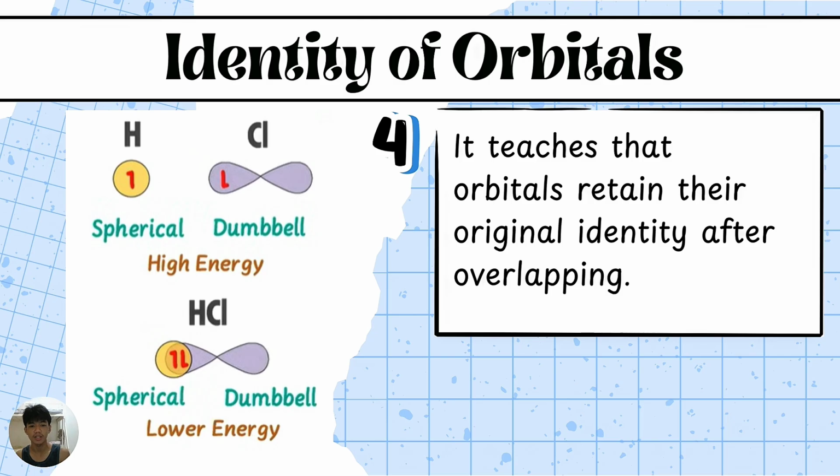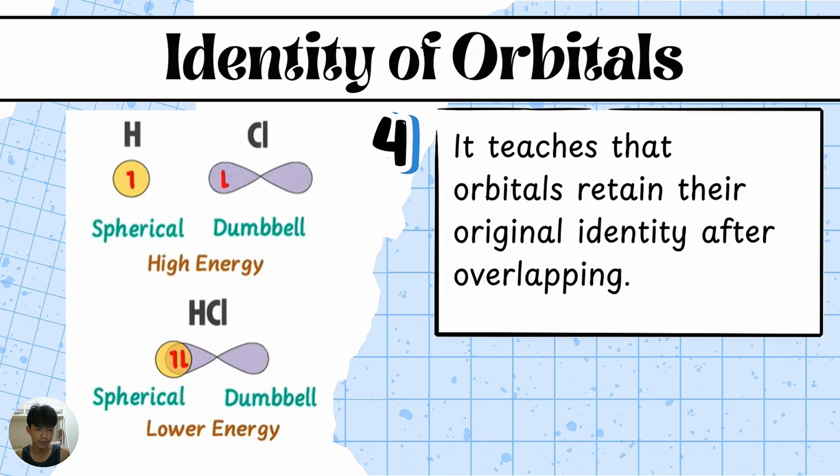This point teaches us that orbitals retain their original identity even after overlapping. So this means that even after bonding, they will keep their identity. Their identity will not change and will remain the same.